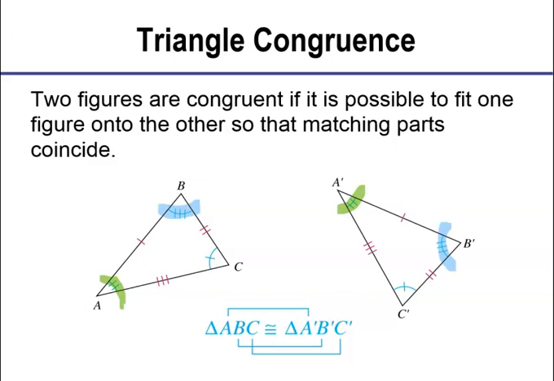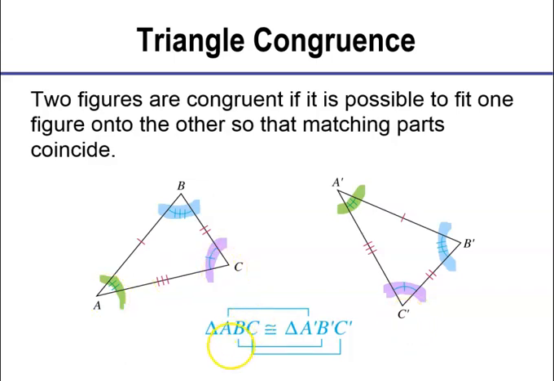And also, angle C was the arc with one line, corresponds to C primed over here with the arc with one line. But not only that, the sides. Look, the single mark corresponds to the single mark. So side AB corresponds to A primed B primed. Side BC with the double lines corresponds to B primed C primed, and then AC corresponds to A primed C primed.